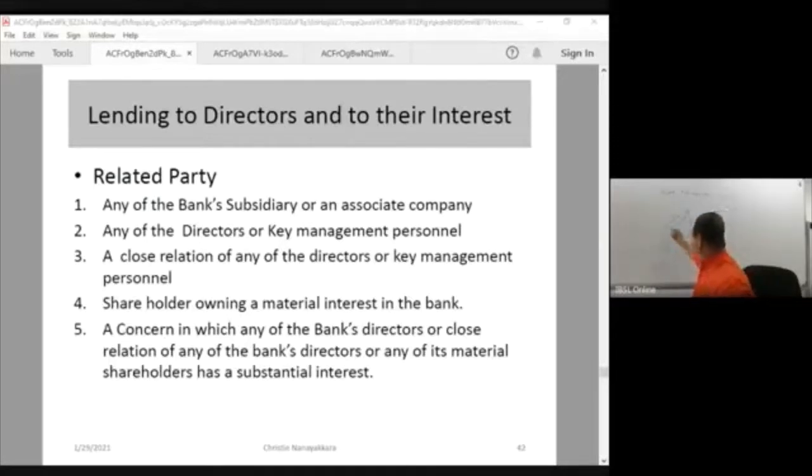So B, C, D, these 3 companies are related parties.